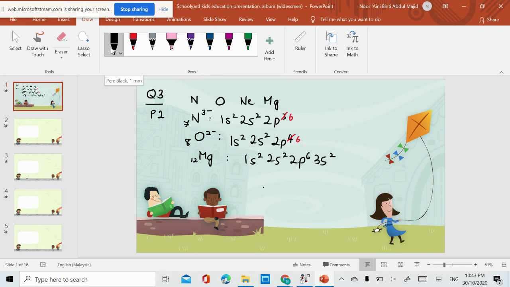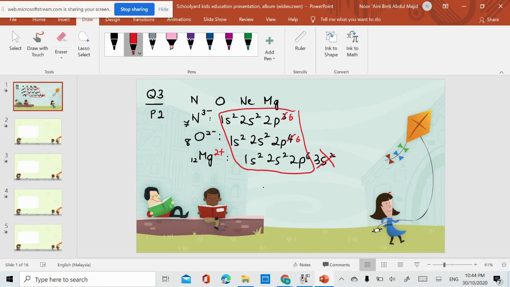When magnesium forms ion, it will release electrons, the two valence electrons, and forms Mg2 plus. As you can see, the three elements now form isoelectronic ions. And of course, neon has the same configuration. That's why the option is A.